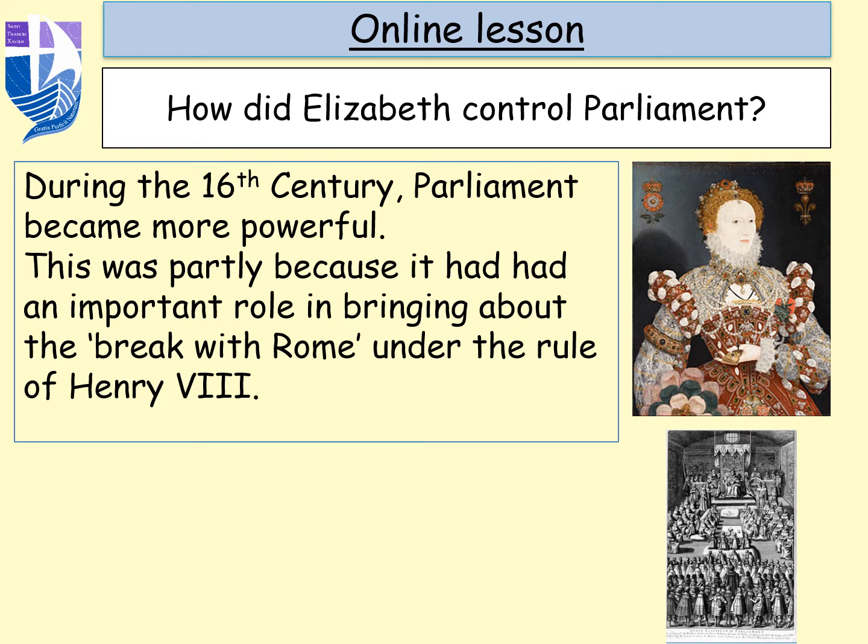Now, we've all heard of Parliament, and we know Parliament today, and there's many elements of Parliament that were similar in Elizabethan times to what we have today, not least the fact that Parliament then was made up of a House of Commons and a House of Lords, just like our Parliament is today.